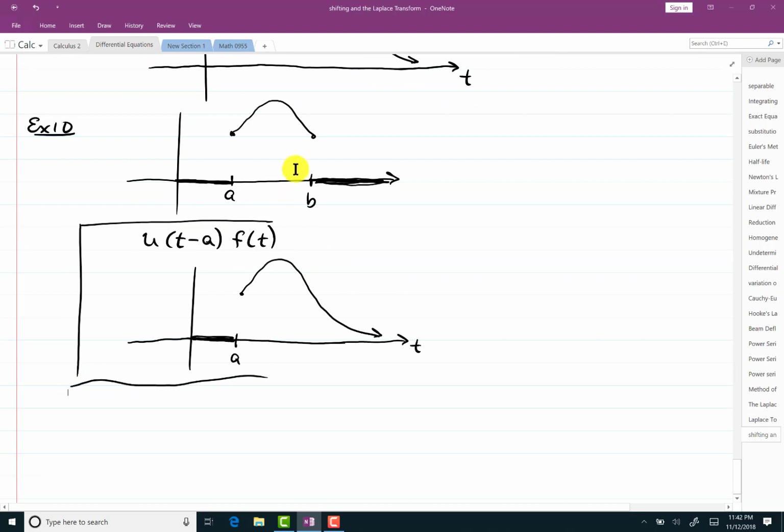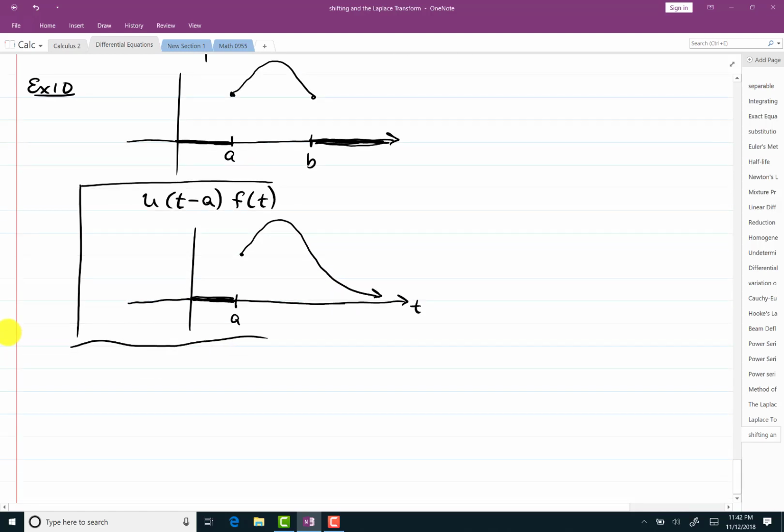How do I chop it so it stops anything that's after B? Well, it's still going to be f of t, so I could do u of t minus a times f of t minus f of t.